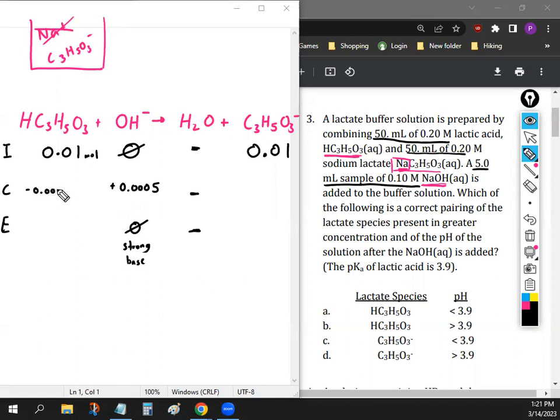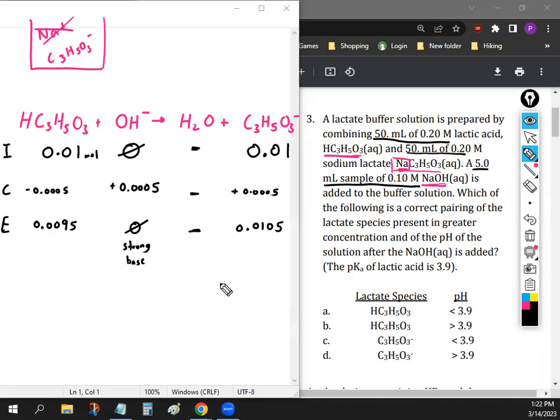So you're going to lose some lactic acid, and then you're going to gain some of the lactate. If you get the numbers, the key here is that this is going to decrease and this is going to increase.